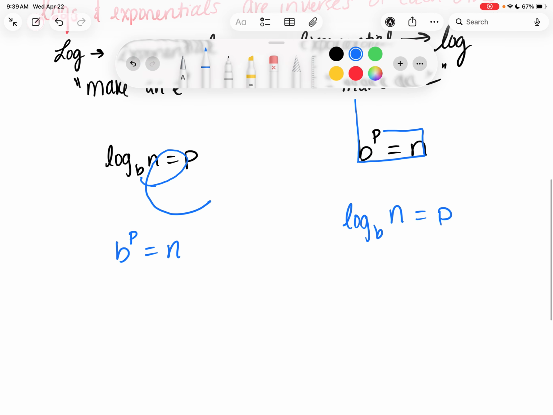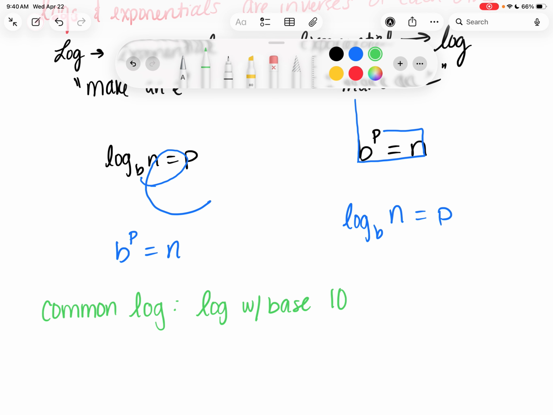Now we have some special types of logs, and so we have a common log, which is a log with base 10. So if you look at your calculator, you're going to see on the left-hand side, down here beside the 7, there is a button that just says log.